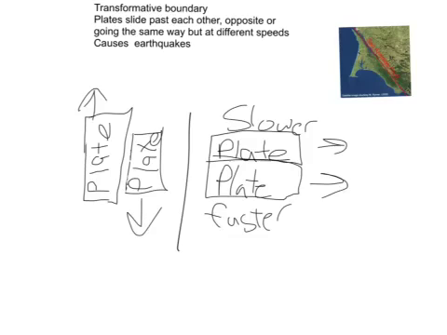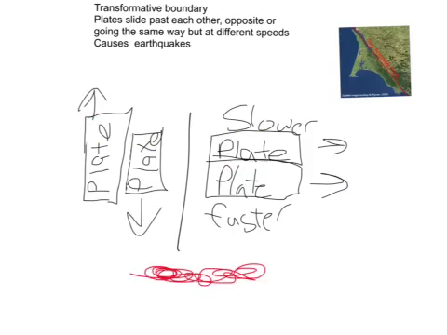Transform boundary. The plates slide past each other. Also, they can either go opposite sides, like right here, or they can go in the exact same direction, but at different speeds. All of this is due to the magma below boiling because of convection currents, which makes it move.